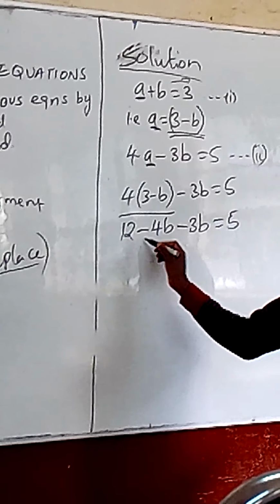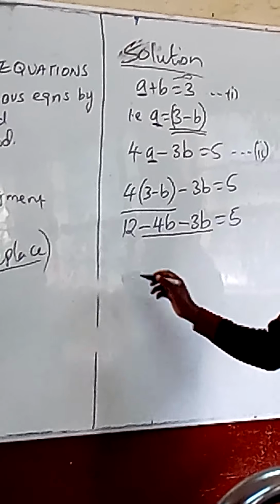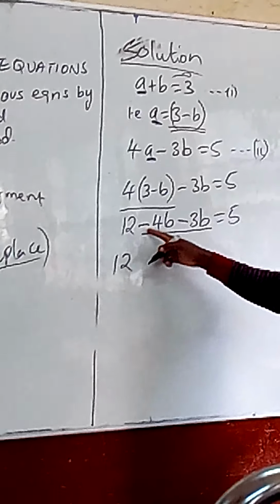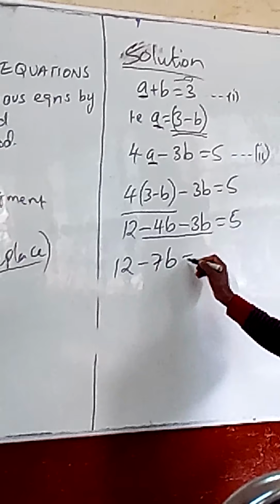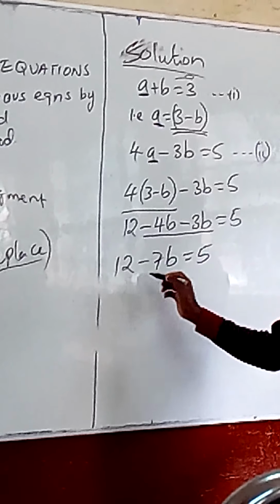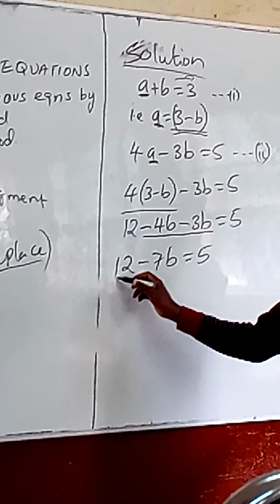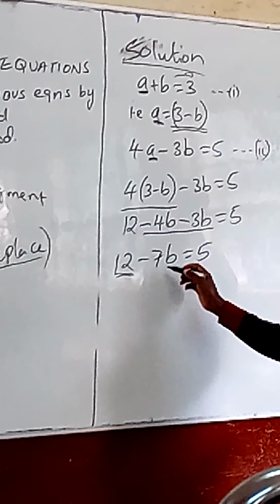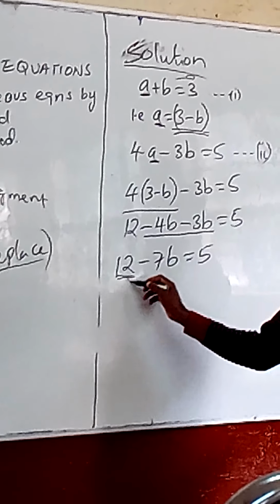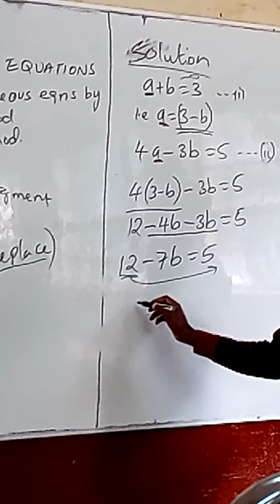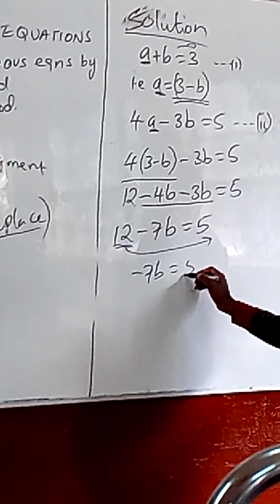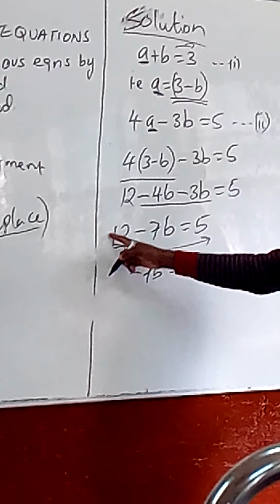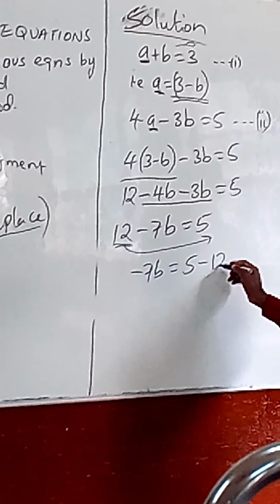Then these are like terms. So 12, negative 4b minus 3b is negative 7b is equal to, again, this is a constant, this has a variable, so this one goes to the other side. Negative 7b equals 5. Take this to the other side, it was positive, becomes negative.